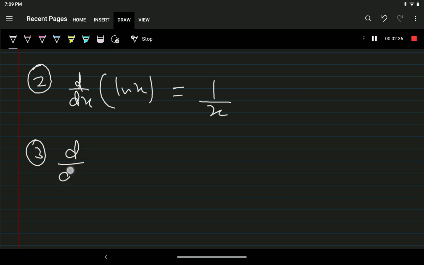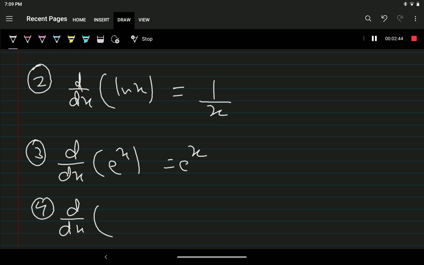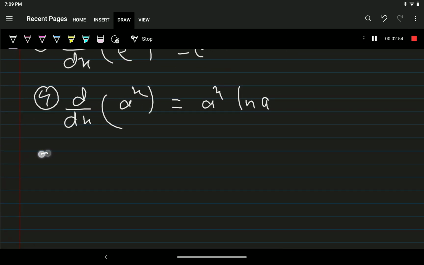Next, d/dx of e to the power x is e to the power x. d/dx of a to the power x is a to the power x ln a. d/dx of the constant term k is 0.